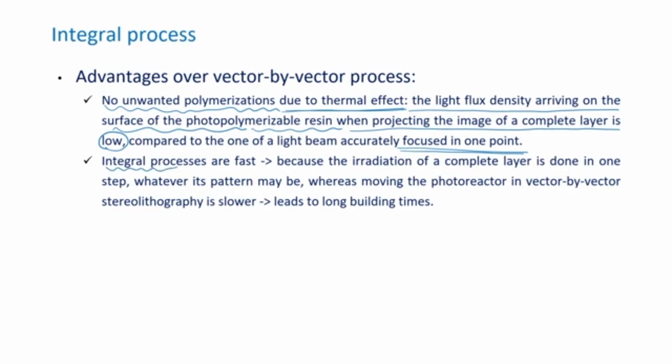In comparison with the vector by vector process, the integral process is fast because of the irradiation of the complete layer. As I mentioned, we are completely irradiating the surface in one go, that is why the integral process is quite fast.